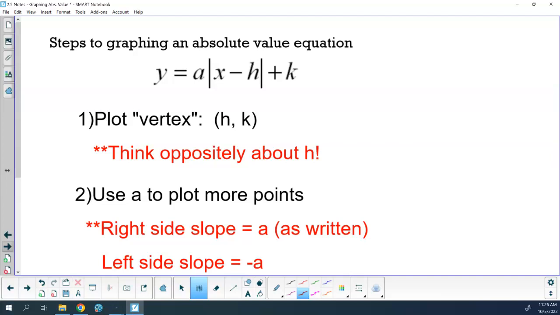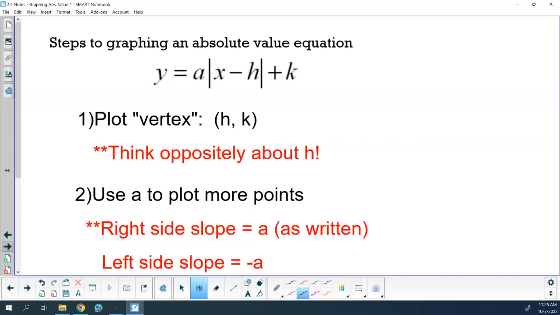That a value out in front of the absolute value is the slope of the right side of your V. As written, that's the slope of the right half of your V. The left half of your V is the negative of that.